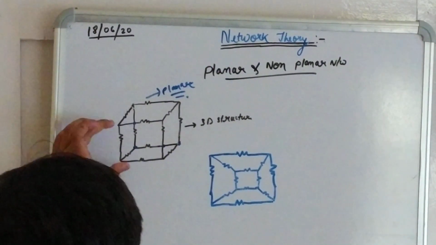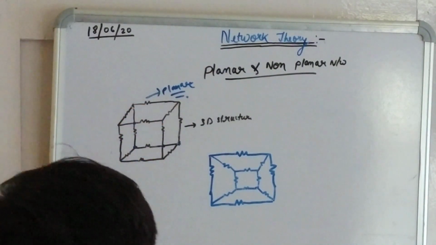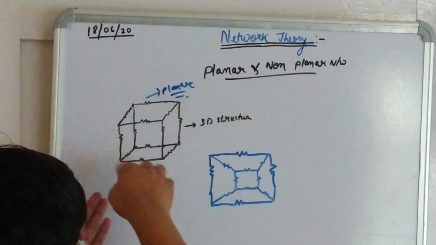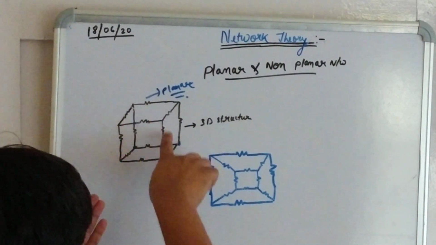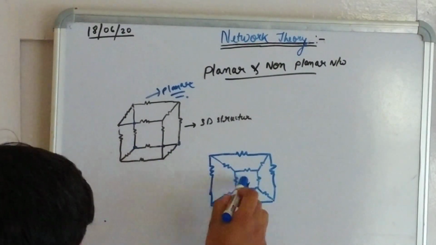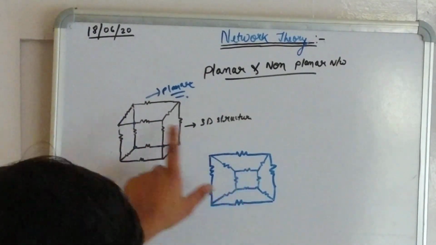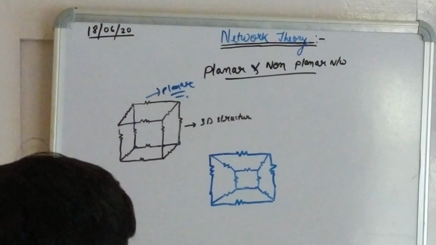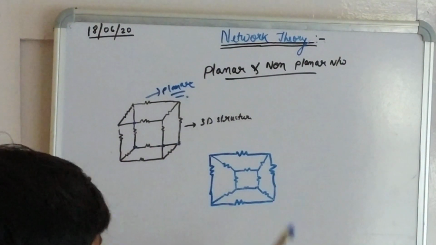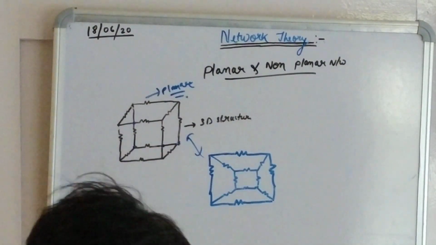What I did is that I shifted the outside part inwards. Means I compressed this part. This outward circuit I compressed inward, and it will form like this. If you can visualize this, it will form like this after compressing inwards. So this is another way of showing this same network in the 2D plane. Okay, so you got it.